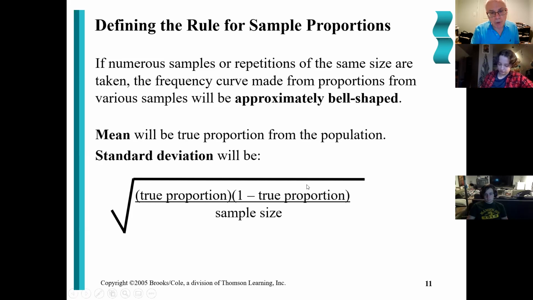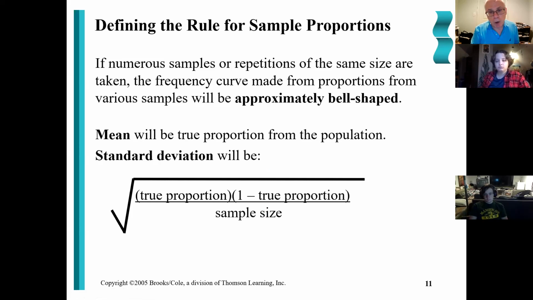And then 1 minus that proportion would also be between 0 and 1. You would multiply those two numbers, divide by the size of your sample, 25, 100, 1,000, whatever number of people are in your sample, and take the square root of that ratio. And that will give you your standard deviation.